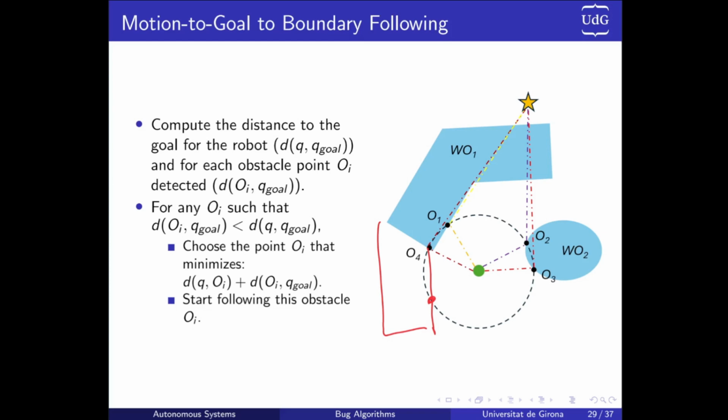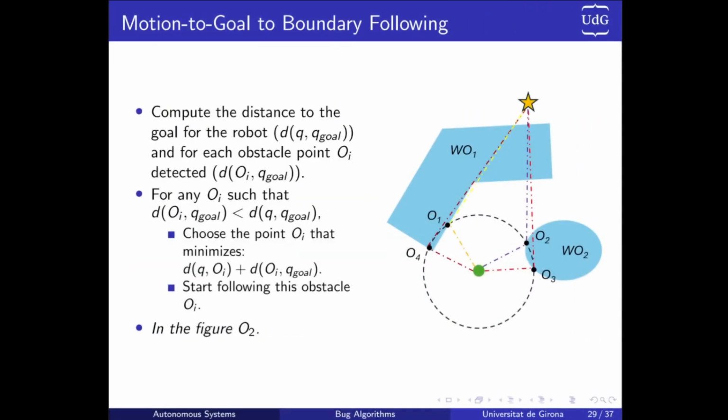Okay, this is the one, the obstacle or the point that we will choose. In this case, I think that the smaller one is the O2. Okay, in the figure, this one from here to here, this is the shortest path moving from the robot to this point and from this point to the goal. Then we will select O2 and we will start following this obstacle.